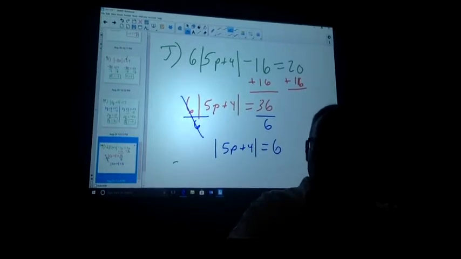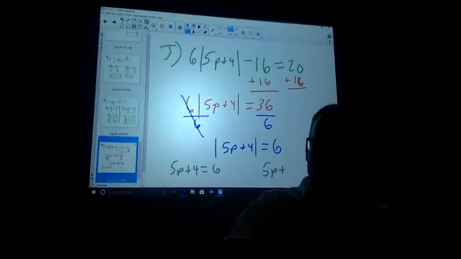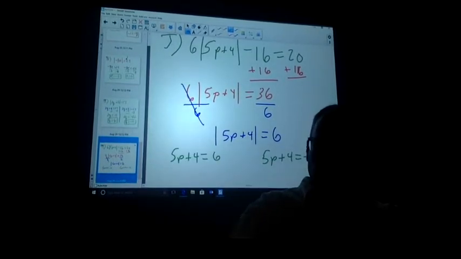So I get 5p plus 4 equals 6. 5p plus 4 equals negative 6. Okay? So subtract 4 on this first one, so that gives me 5p equals 2. Divide by 5, so I get p equals 2 over 5.